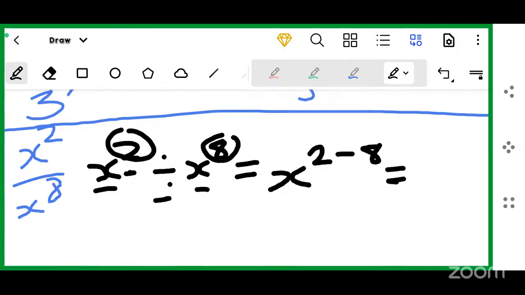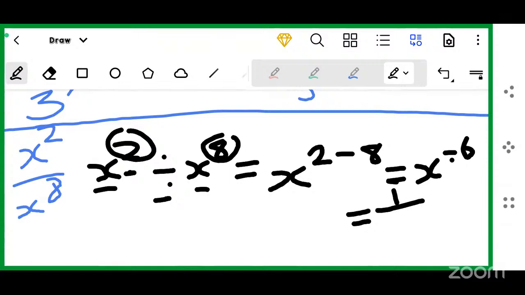So what is 2 minus 8? -6. So what's going to happen here? You include the rule that says a to the power of -1 is equal to 1 over a.